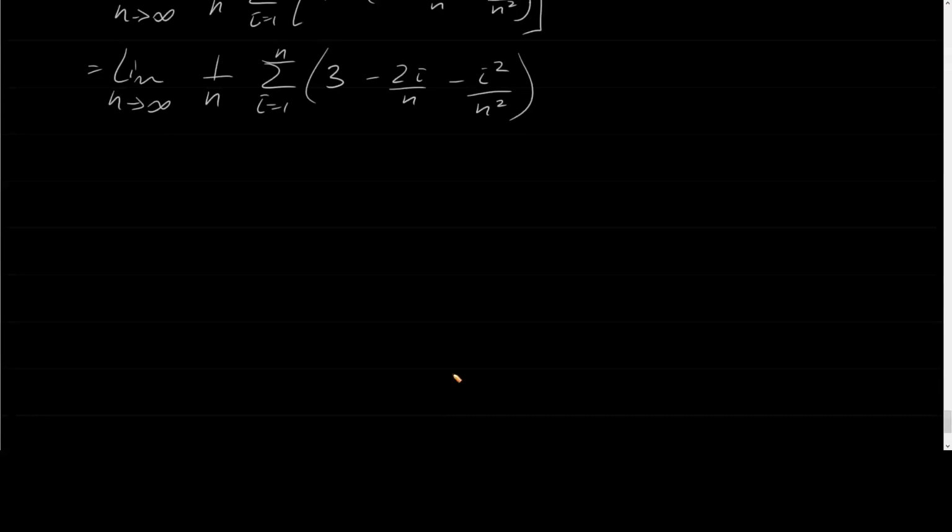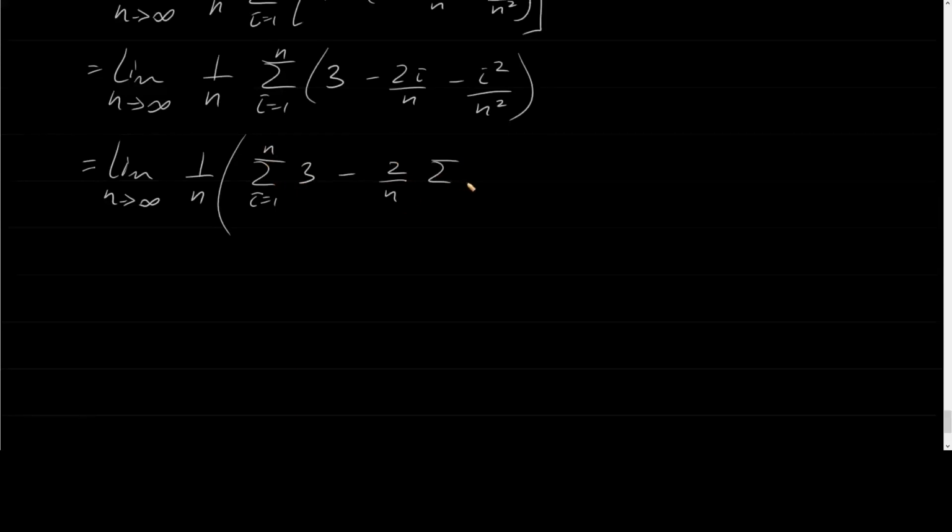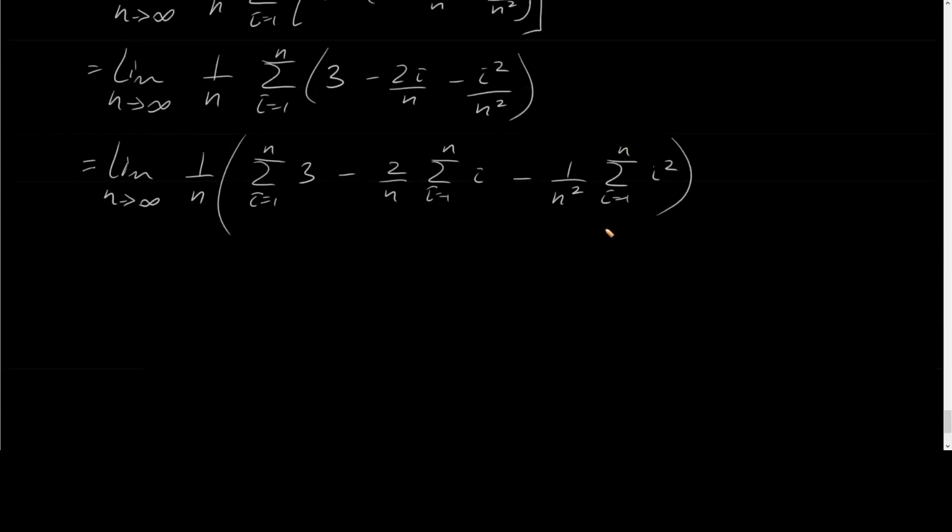And at that point, well, I've got a summation of a bunch of stuff there. We know that we can distribute the summation into each of those. So what we have is the limit as n goes to infinity of 1/n times the summation of 3, minus this 2/n is not going to be affected by the index, so I'm going to write it as 2/n times the summation of i, minus this n squared is not being affected by the index, so I'm going to write it as 1/n² times the summation of i², right?